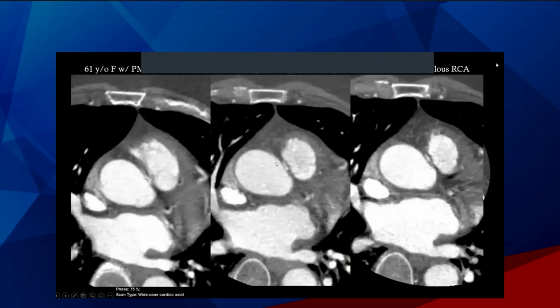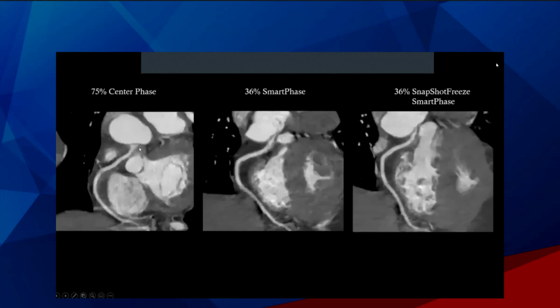It looks significantly better on the smart phase, but is even better depicted on the motion corrected 36% phase. The curved MPR reconstructions proved very challenging to obtain the takeoff of the vessel proximally. The 36% smart phase did a better job looking at the takeoff, although there was significant image blurring proximally, and the snapshot freeze 36% reconstruction actually gave us the best visualization of the proximal RCA and the remainder of the vessel, even in areas where it was significantly blurred on the other reconstructions.